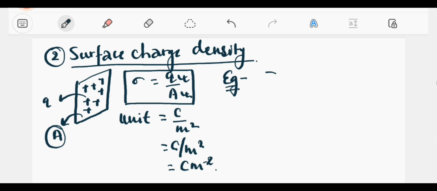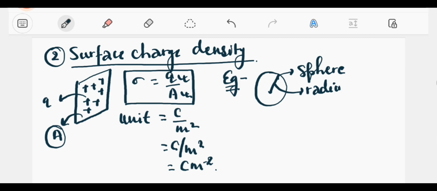Clear with this? Now let us consider an example. Let us consider we have a sphere whose radius is capital R, and on the surface of this sphere Q amount of charge is uniformly distributed.